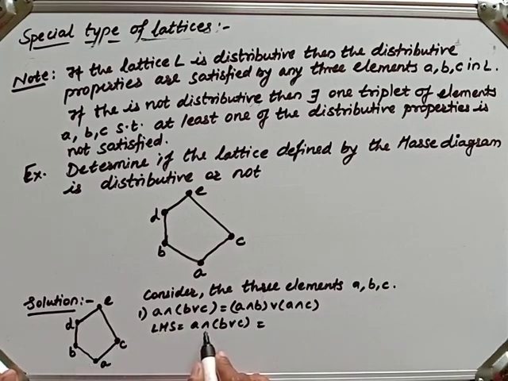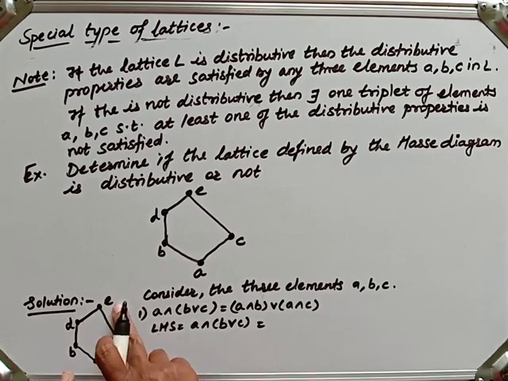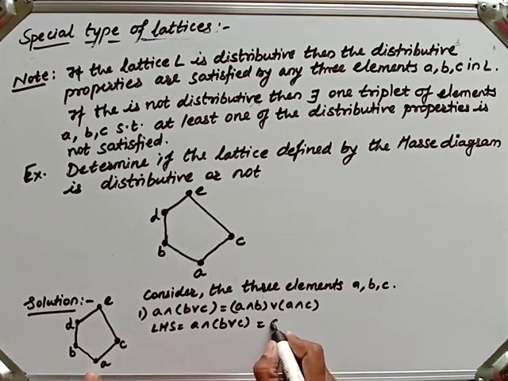Meet means the greatest lower bound, and join means the least upper bound. So the upper bound is here what? E. And the lower bound of B and C will be what? A.